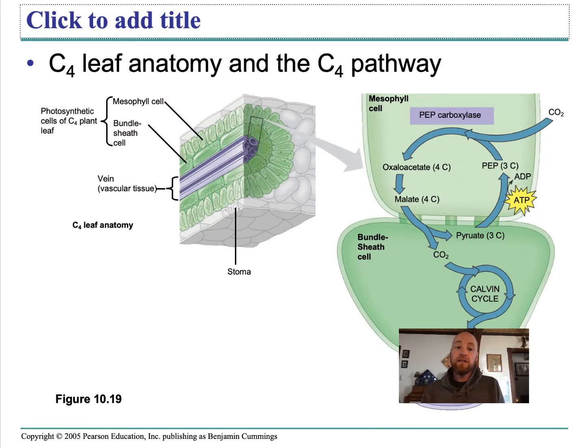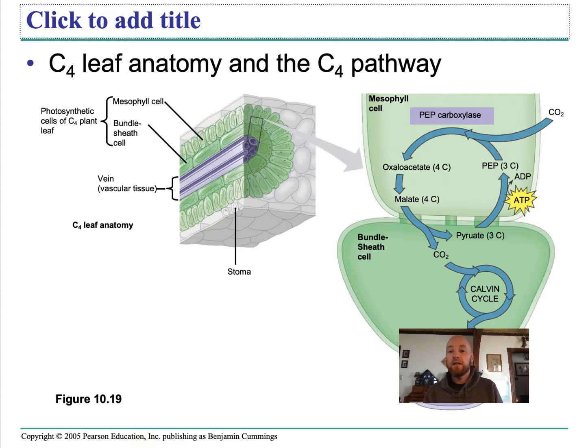In certain plants, C4 plants like grasses, bamboo, sugarcane, they recognize that Rubisco is not great. So what they do is they separate out the light reactions and the Calvin cycle into different cell types.